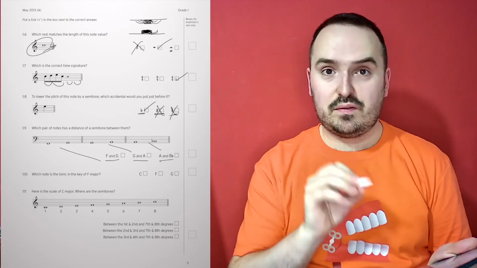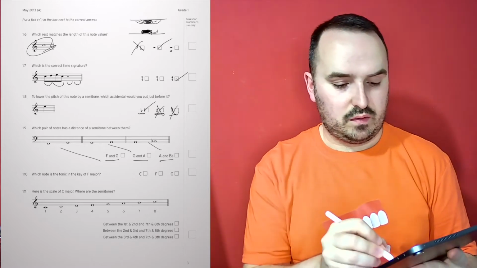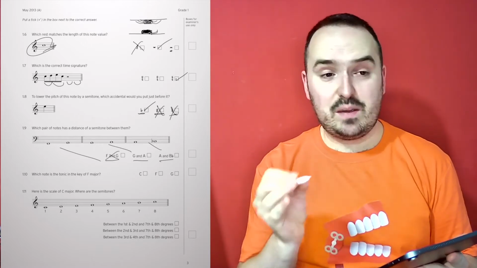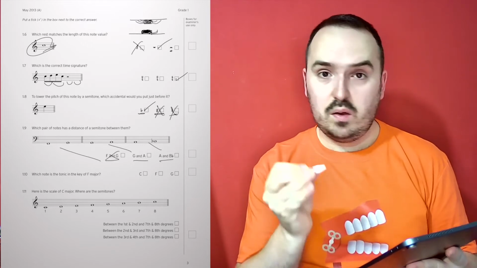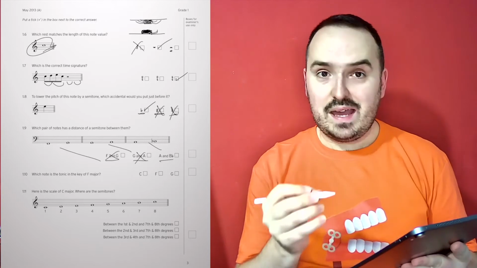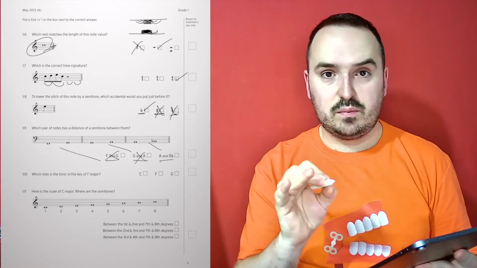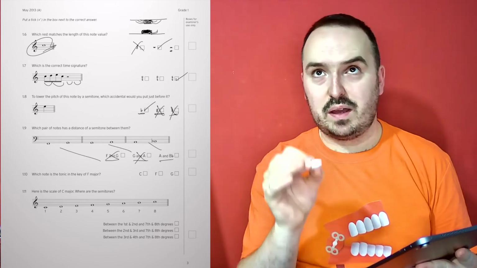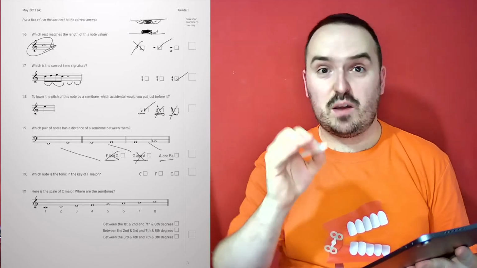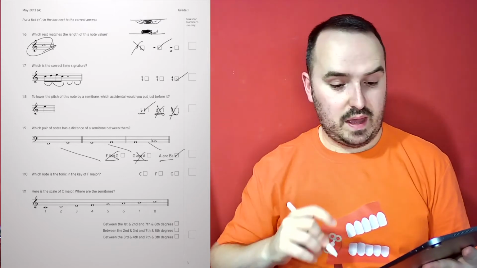So between F and G we have got an extra note, we've got an F sharp or a G flat, so it's not that one. Between a G and an A we've also got another note as well. We could have a G sharp or an A sharp, so again it's not that one. A and B flat, that is a semitone. We know that because there's no other notes in between there. You can't have an A sharp and a B flat in there as well because A sharp is a B flat already. So the answer is that third option, A and B flat.